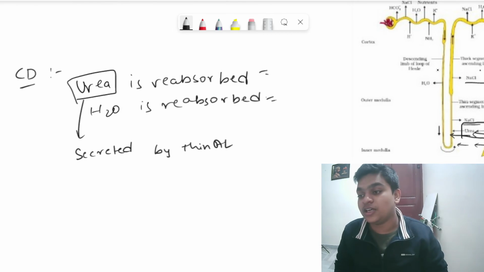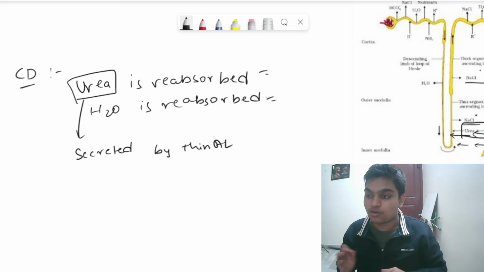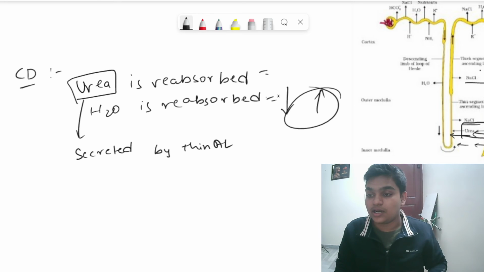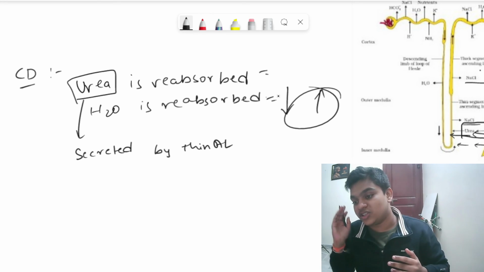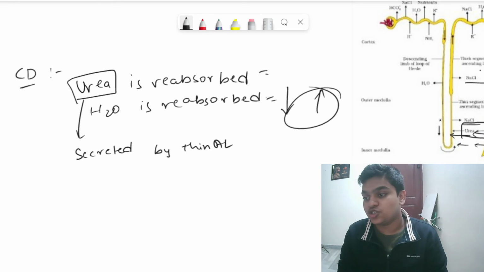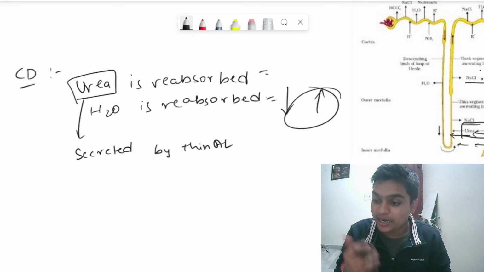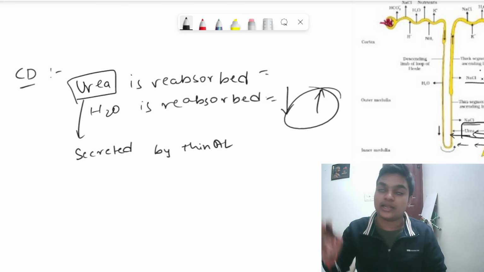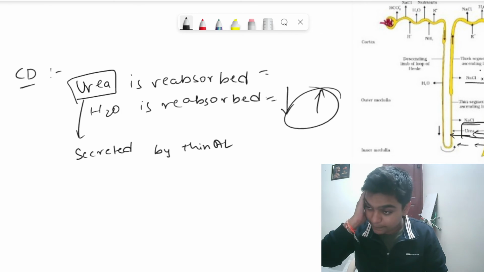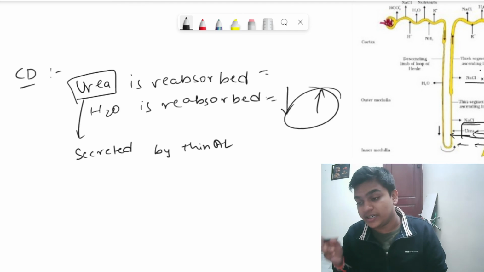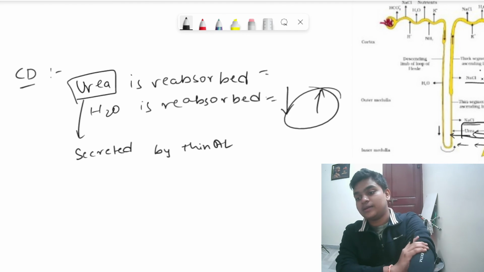Since we have the peritubular network and vasa recta is in counter current flow with these tubular parts, counter current means one downwards, second one upwards, the NaCl is being secreted into the vasa recta and reabsorbed by the tubular part, that is the ascending limb, and the urea is being reabsorbed by the CD and secreted by the ascending limb.